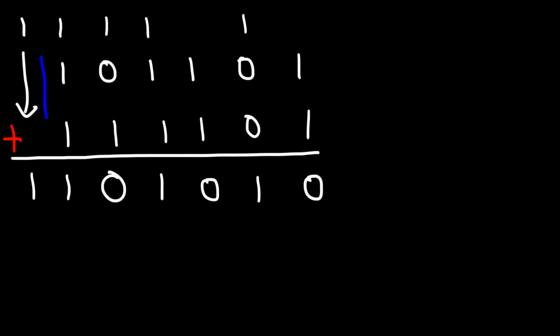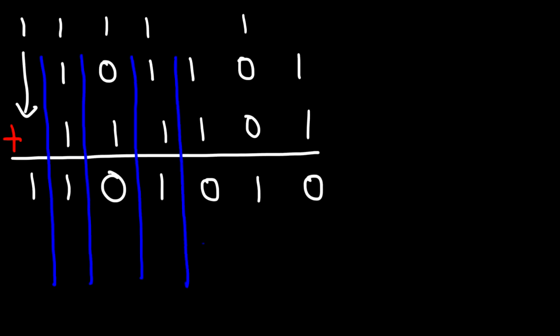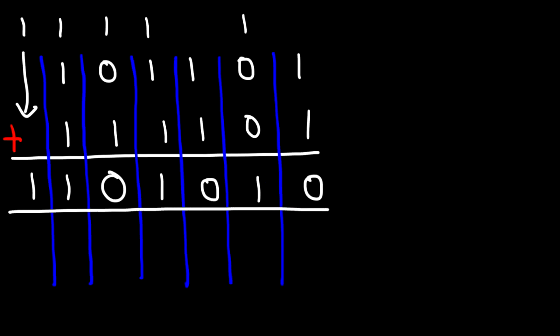So let's begin by drawing lines to separate the columns from each other. And then let's write the powers of 2. 2 to the 0 is 1, 2 to the 1 is 2, 2 squared is 4, 2 to the third power is 8, 2 to the fourth power is 16, 2 to the fifth is 32, and 2 to the sixth is 64.